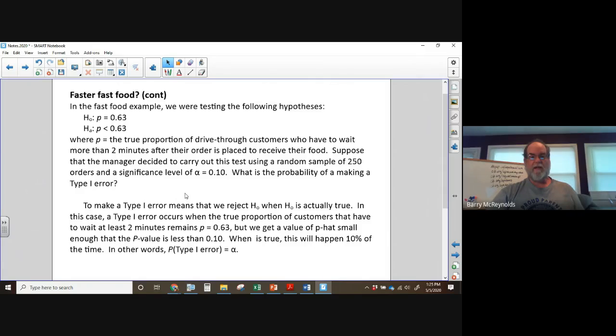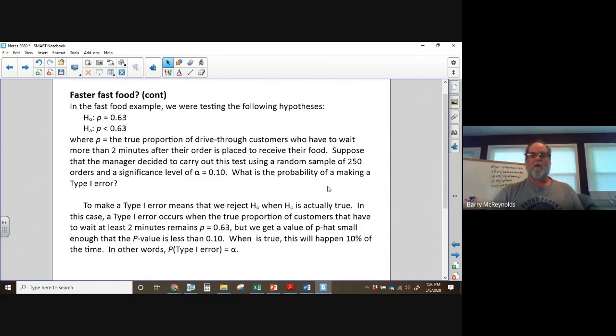So type 1 error means to reject the null hypothesis when it is in fact true. In other words, to reject the null hypothesis, we would find in favor of the alternate, and our conclusion would be that the true proportion has gone down when in fact it hasn't gone down.